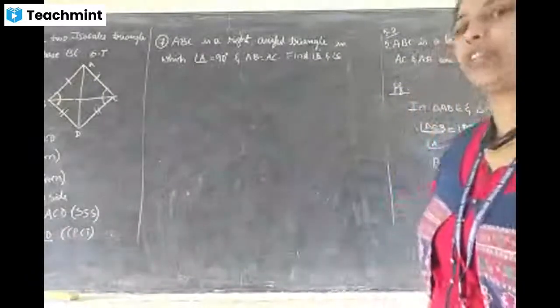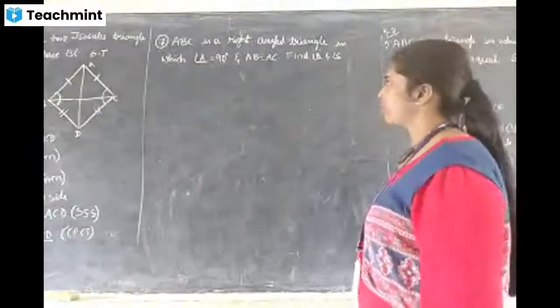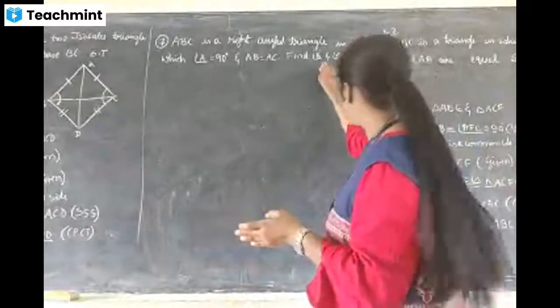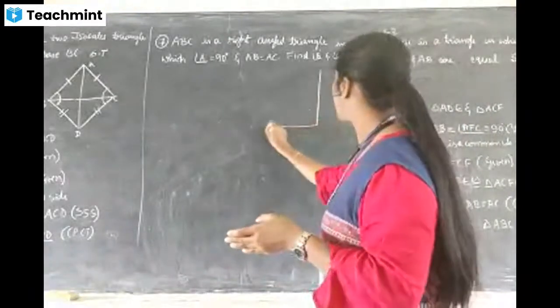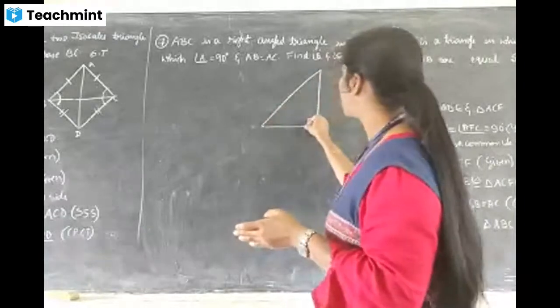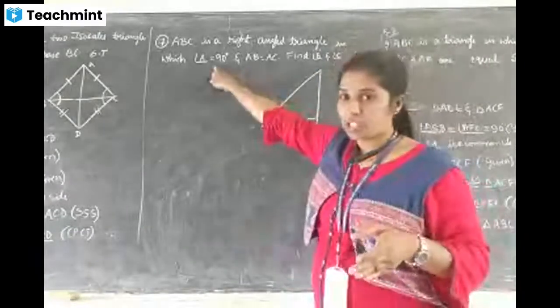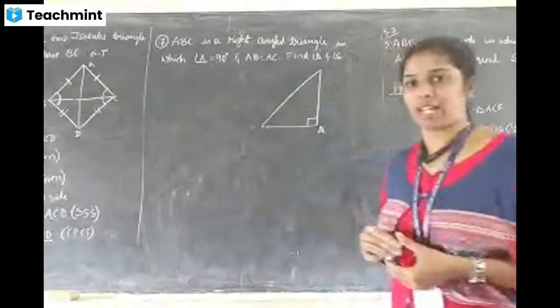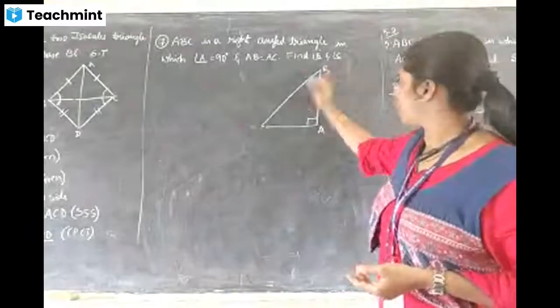Diagram is not given, we have to draw, okay? ABC is a right angle triangle. Draw one right angle triangle. The right angle is at angle A, so name the right angle and place it as A. The remaining is BC. Wherever you want, you write.